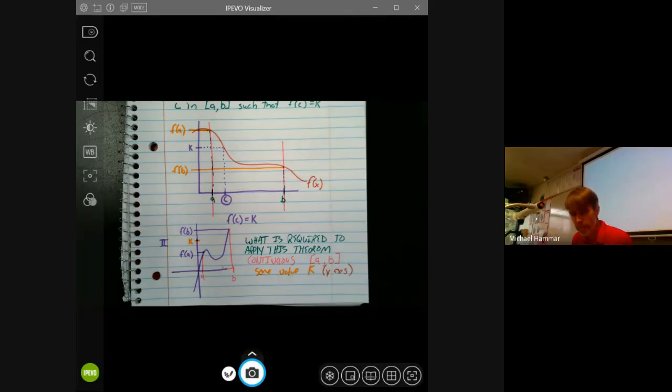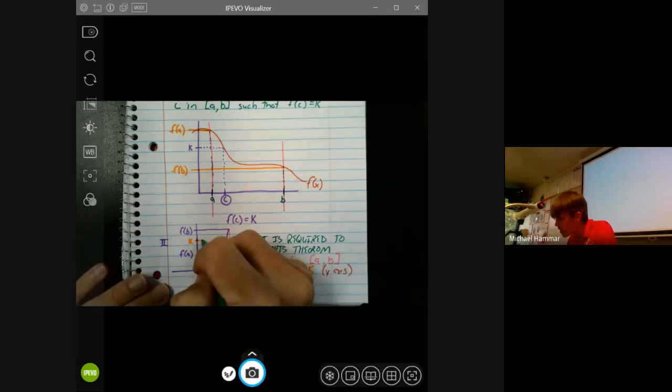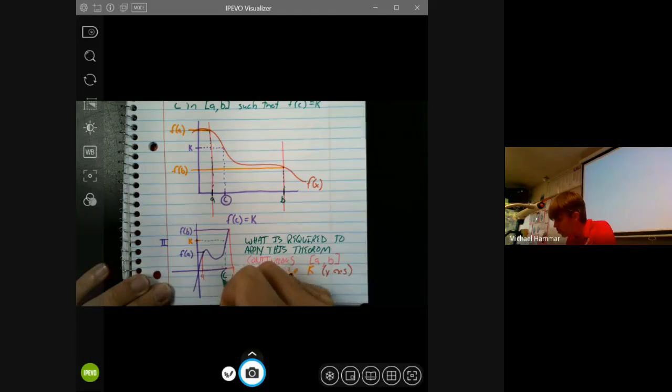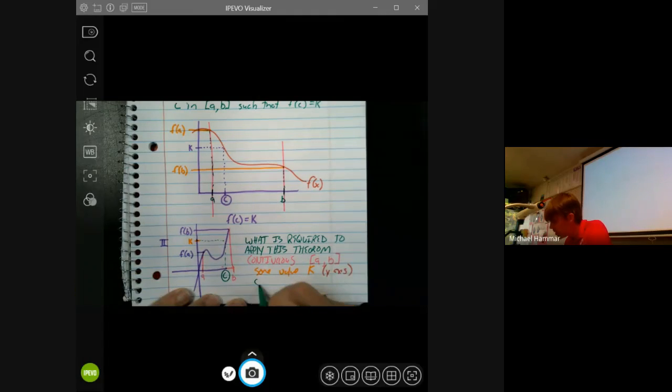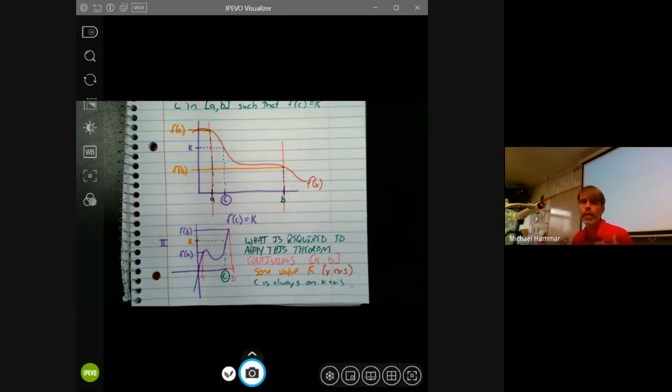And then remember, the c will always be down here. c is always on the x-axis.